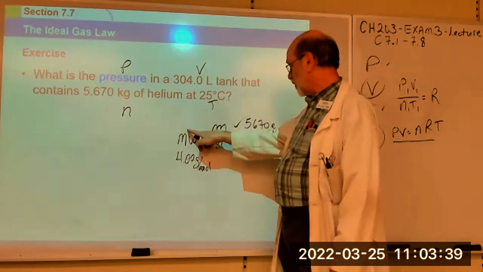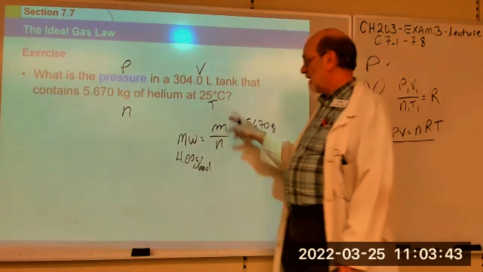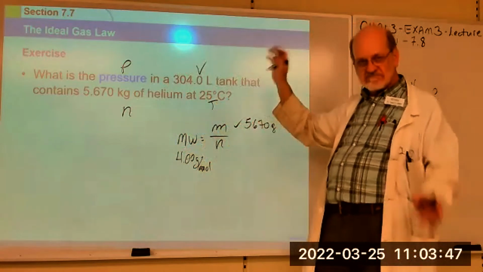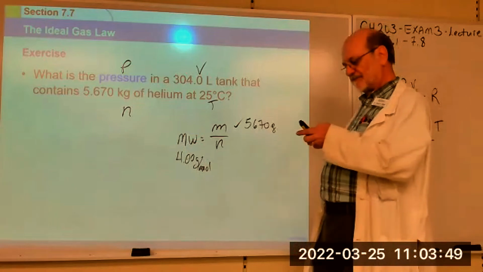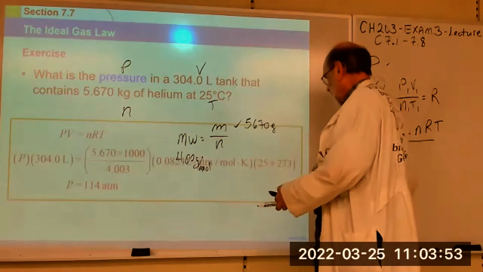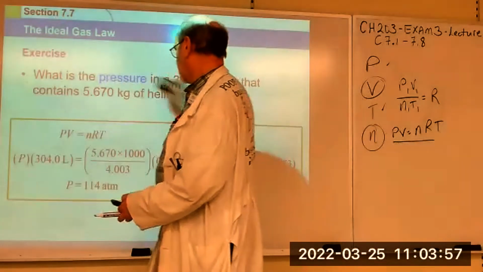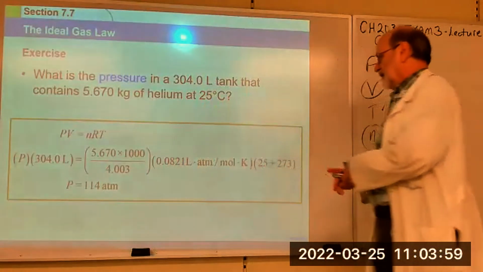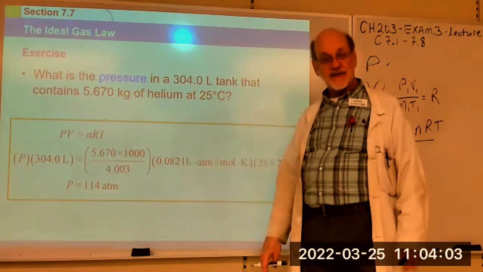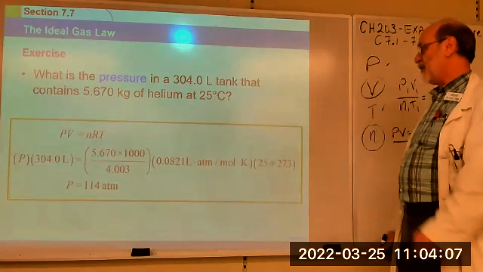So moles equals grams divided by molar mass. Now you can plug it into your equation. PV equals nRT, and you're good to go. All right, and we solved the problem. That's 114 atmospheres. That is a lot of pressure, very high pressure.